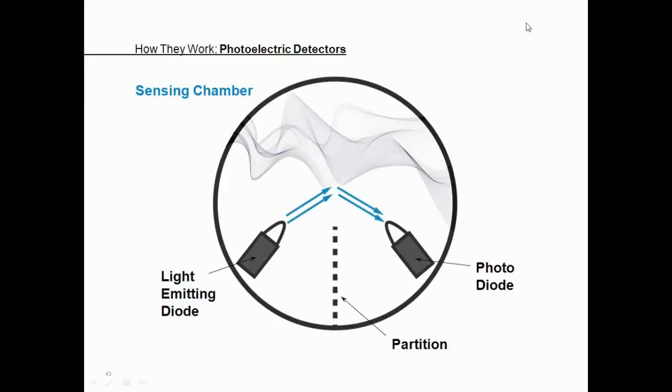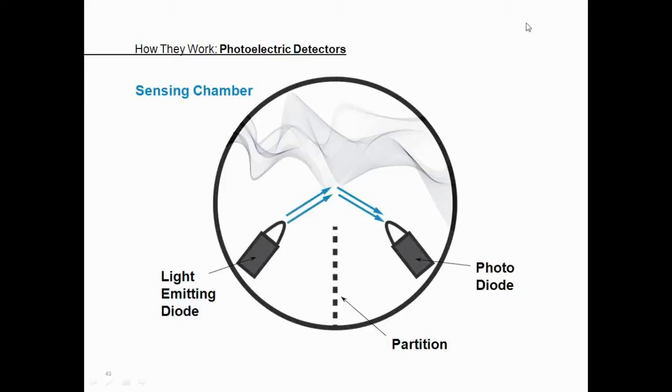There then are electronics that all photoelectric detectors have built into the smoke detector to determine the level of smoke that is present in the chamber. And when the detector determines the level of smoke is due to a fire, the detector will then go into alarm. The particular color of the smoke affects how reflective it is, which itself has an effect on the response time of a photoelectric detector.